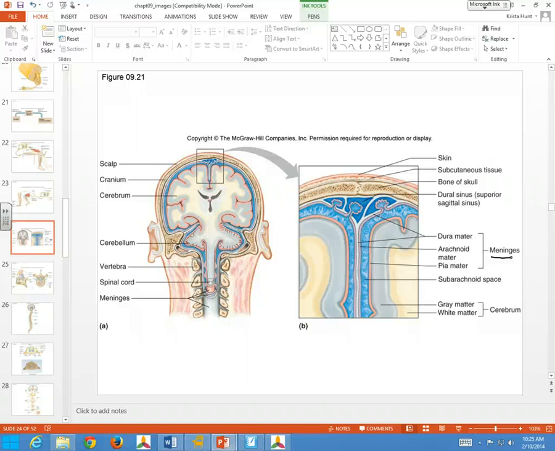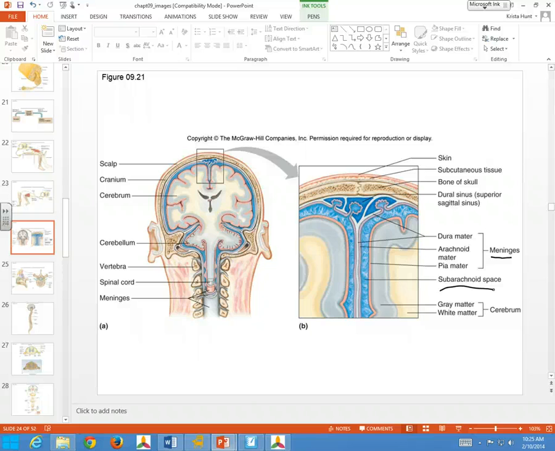That's also where these little guys are, the choroid plexuses, the little cauliflowery looking things that produce that cerebrospinal fluid. Okay? They call it the subarachnoid space, where that cerebrospinal fluid is, in the meninges. Pia is deep.